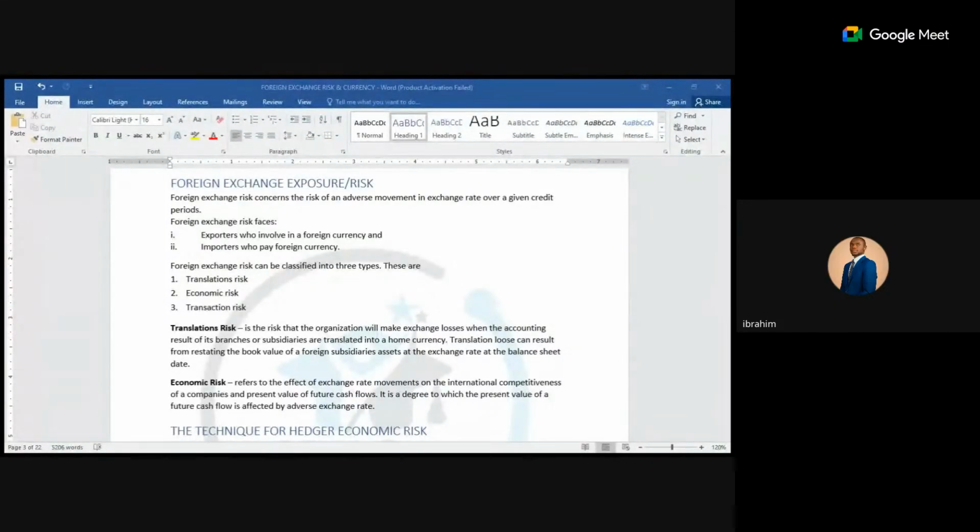Number one, translation risk. Class, imagine a parent company in Nigeria and a subsidiary company in the US. At the end of their financial year, they have to consolidate. Of course, they cannot present the subsidiary's currency in dollars when they want to consolidate. They have to consolidate based on the functional currency of the parent company.